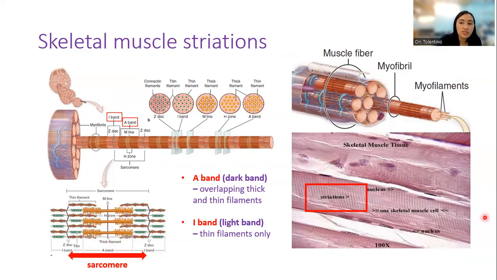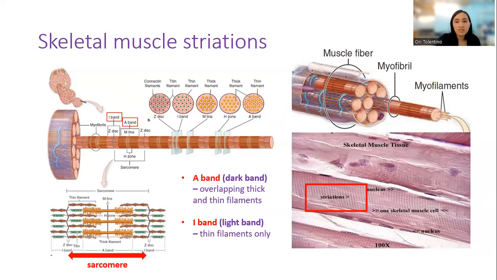Now let's just focus on the structure of your muscle fiber. This diagram shows that each muscle fiber contains several parallel bundles called myofibrils, and each myofibril has myofilaments inside.